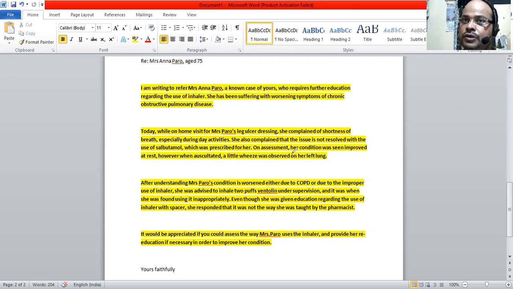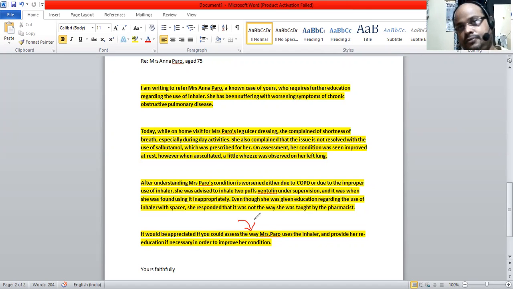Now, in response, we have educated her, but she said it's somewhat different from the way the pharmacist taught her. Now, it would be appreciated if you could assess the way Mrs. Parrow uses the inhaler, and this is what you have to do, and provide her re-education if necessary in order to improve her condition.